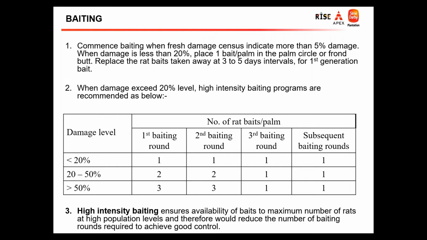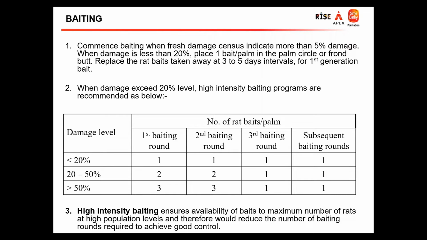What are the requirements you need for baiting? I'll say here, you commence baiting when fresh damage sensors indicate more than 5% damage, as I said earlier. When damage is less than 20%, 1 bait per palm in the palm circle or from bud, replace the baits taken away at 3 to 5 days interval for first generation bait.